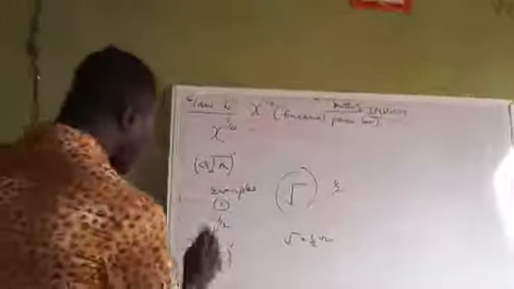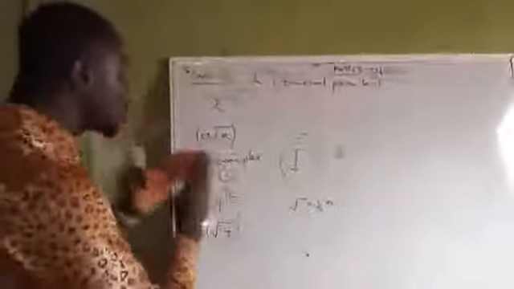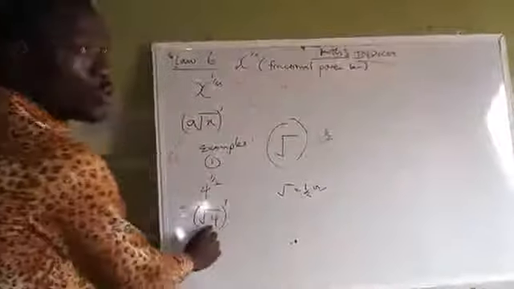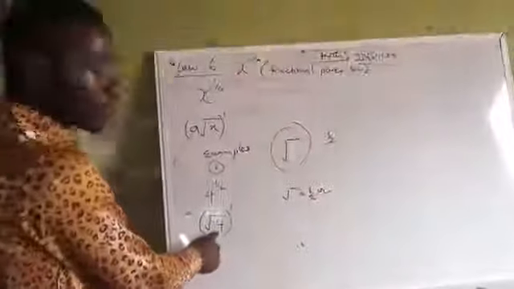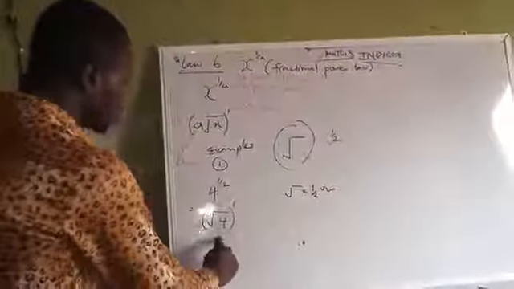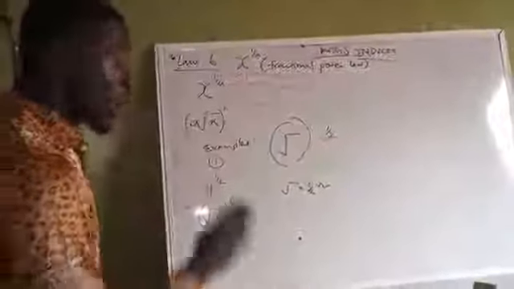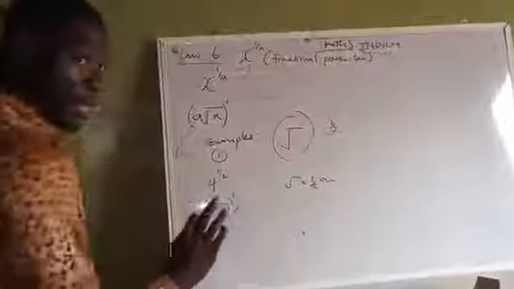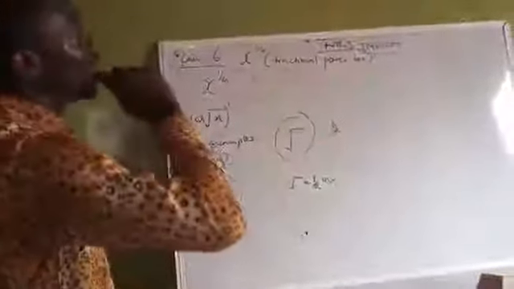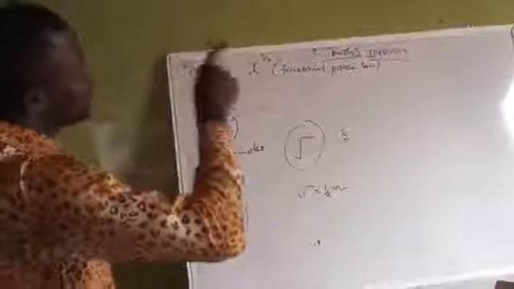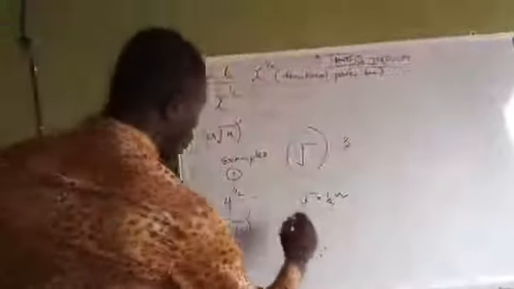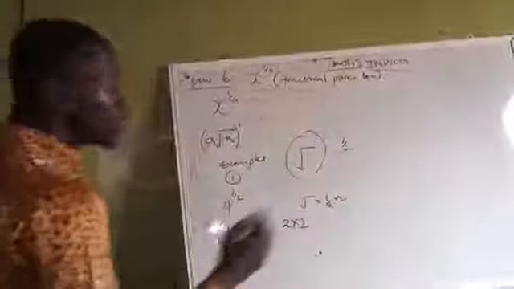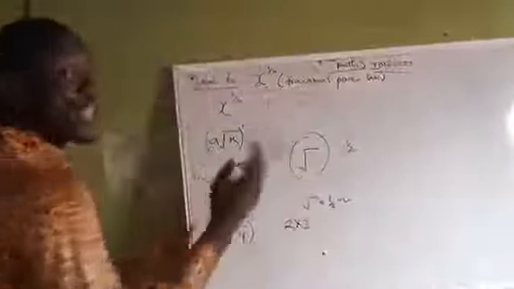So you have to look for any 2 numbers that you will multiply together to get the number in the root. So what is my number in the root? My number in the root is 4. And this root is mathematically 2 because there is nothing here. So what are the 2 numbers that I will multiply together to get 4? Let me guess. I think that is 2 times 2. Now 2 times 2 will give me 4.